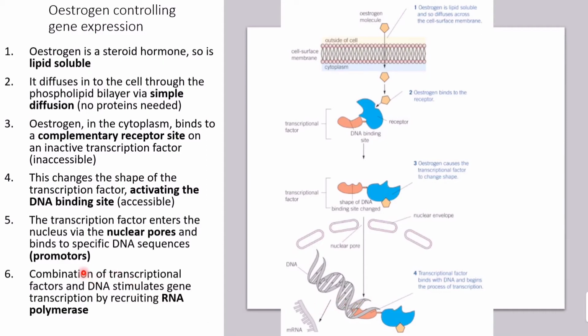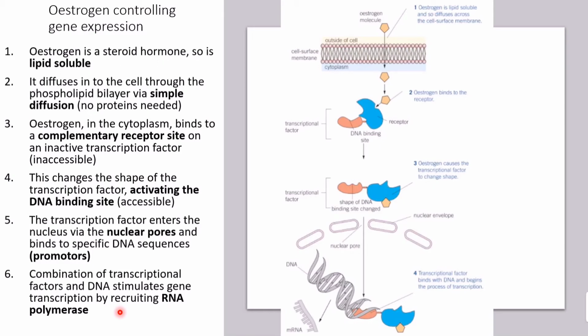So this combination of transcription factors and DNA, so our transcription factors binding to our DNA, stimulates gene transcription by recruiting RNA polymerase, like we just saw in the previous slide.